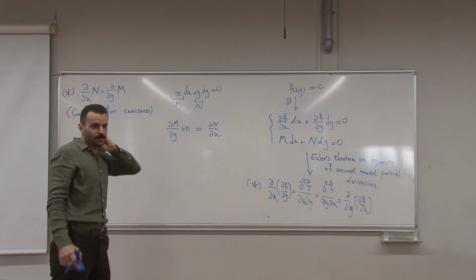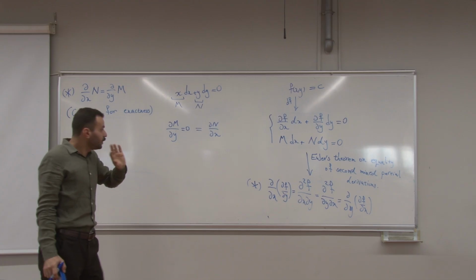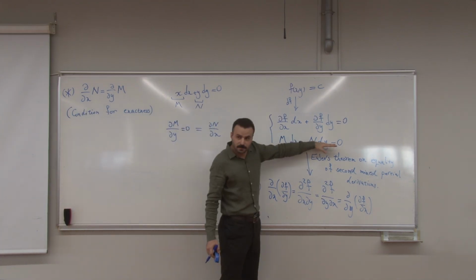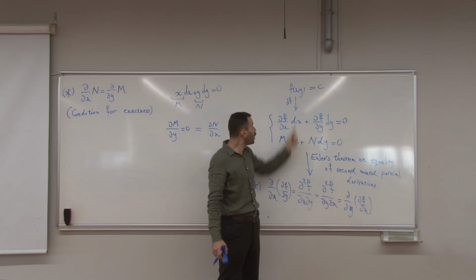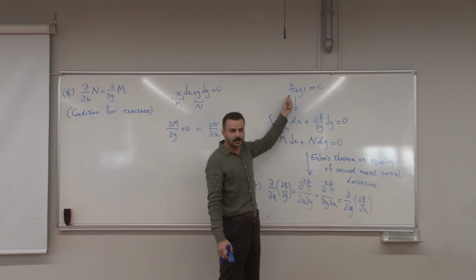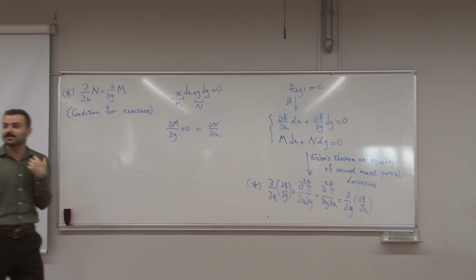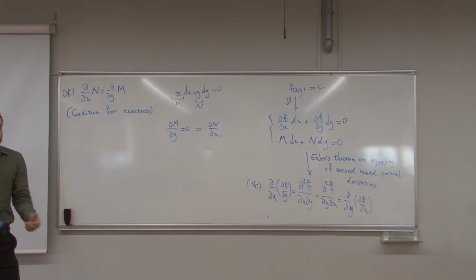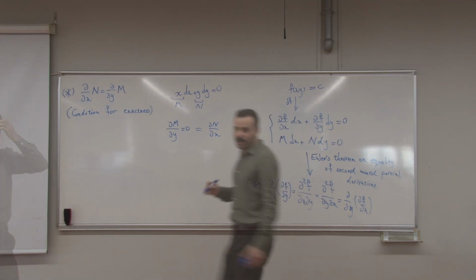Now the question is this. If I have this equation, and I do not know what this function f is, how can I find it? First of all, I need to know that this kind of a function exists. If it exists, then we can dig up and try to find what's happening.